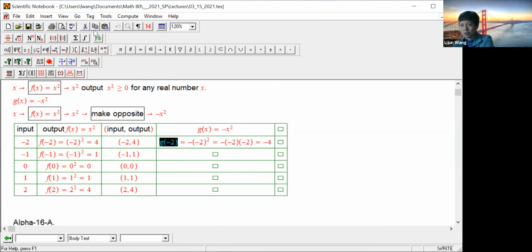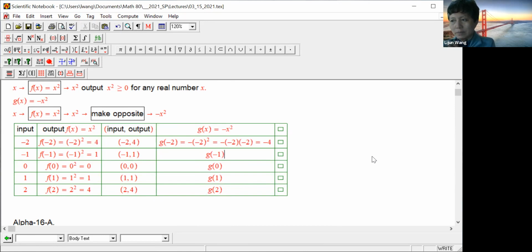And next, I want you guys to work out G of -1, G of 0, G of 1, G of 2. Okay, these are the algebraic or arithmetic details.